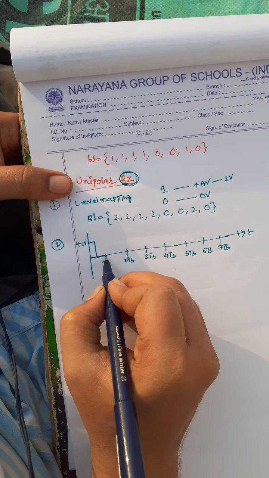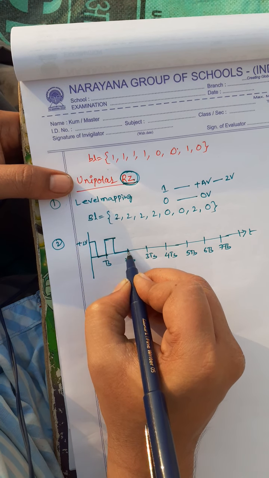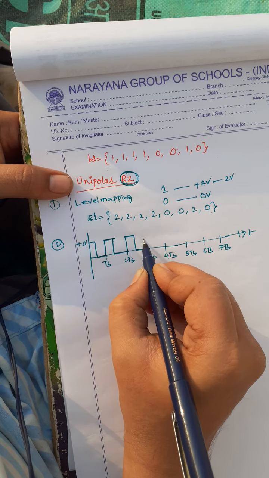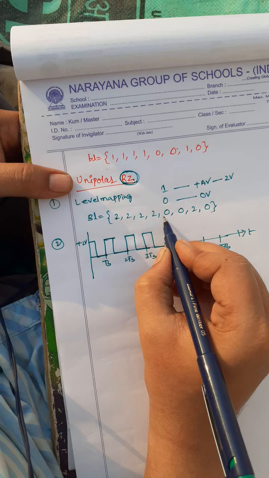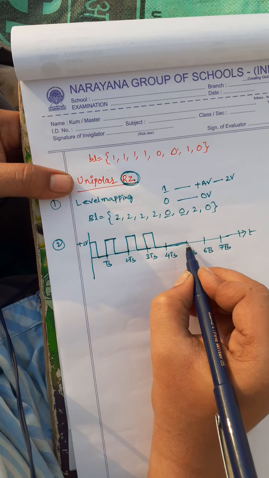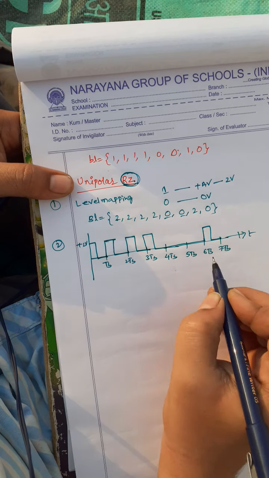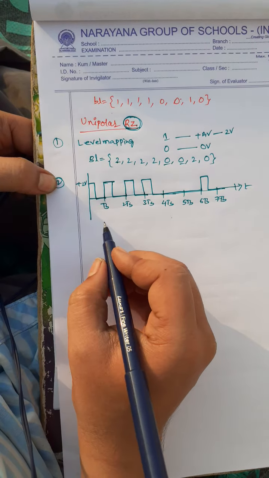Then again within TB by 2 duration the bit is returned to 0. Within TB by 2 duration the bit is returned to 0. Within TB by 2 duration the bit is returned to 0. After this, in the fifth and sixth duration the voltage level is 0 again and again 0. Okay, this is unipolar RZ.